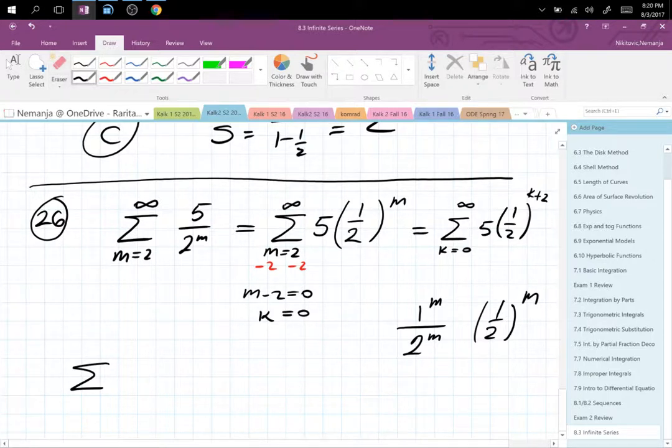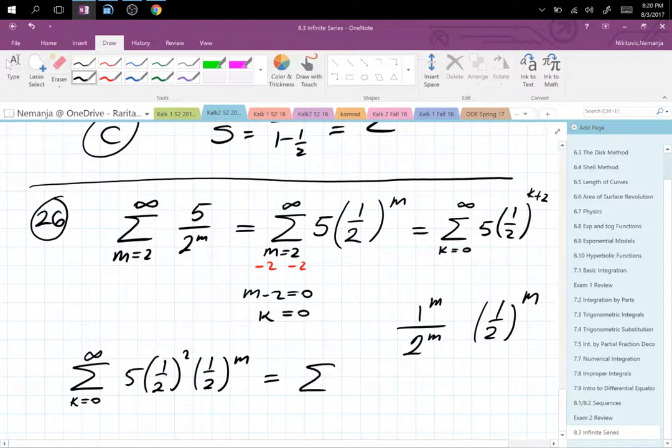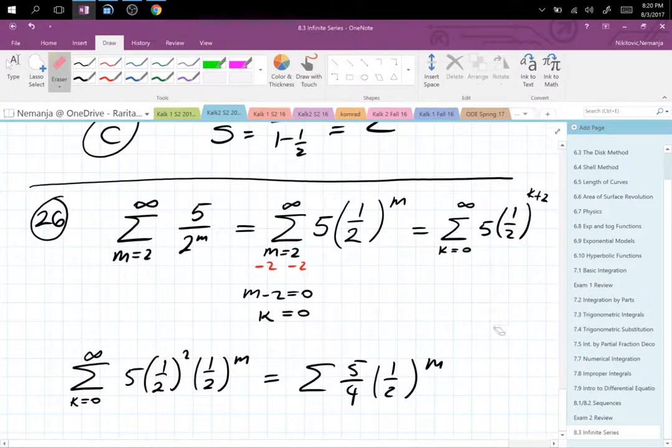So we have to peel off 2, which will be 5 times 1/2 squared, and then 1/2 to the m, which gives us summation of 5/4, 1/2 to the m. And as soon as I have that, I have everything. That's it.